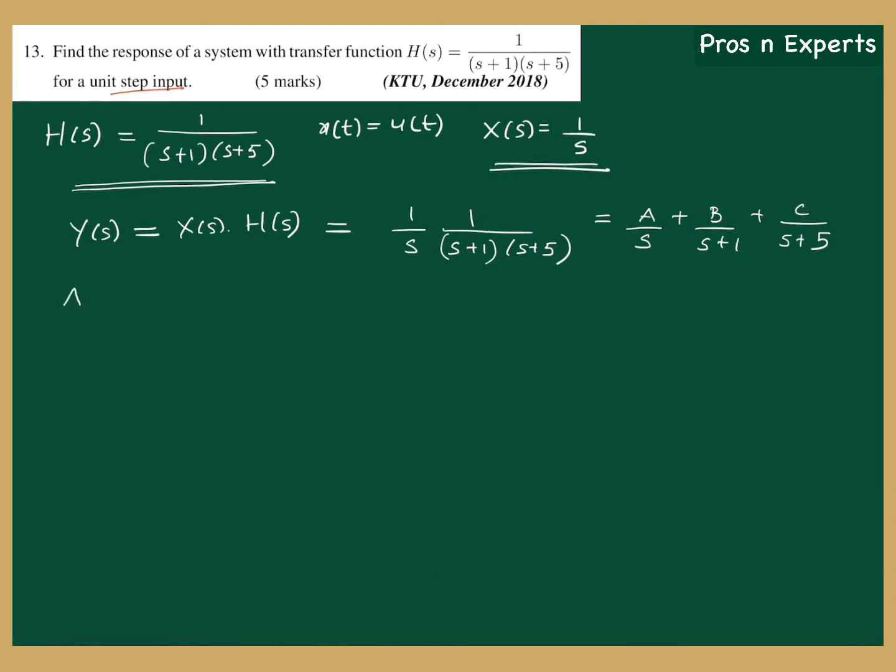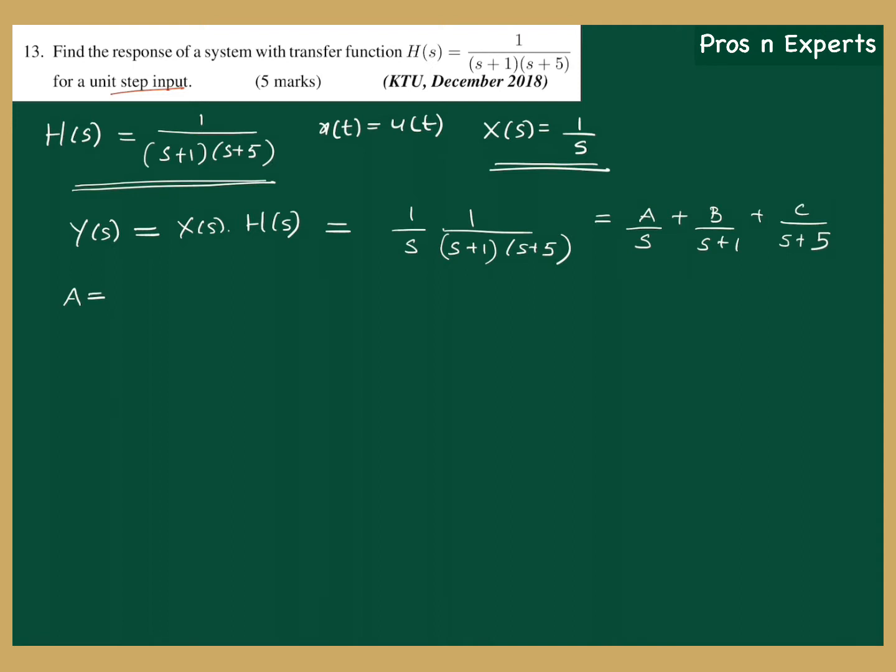The value of A will be equal to, what is the denominator of A? It is s. You multiply s with the whole transfer function. What happens? s and s cancel. Remaining is 1 by (s plus 1) into (s plus 5). Now put s as some value which makes A by s infinite.